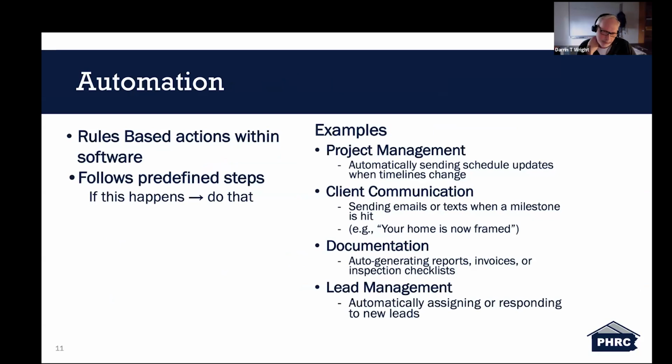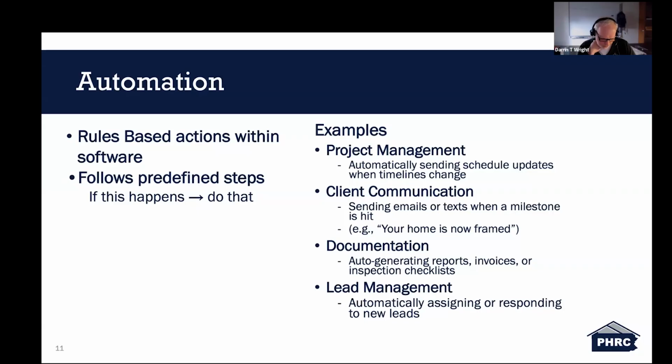Automation. Let's talk a little bit about how automation works. Automation already exists in construction workflows, such as sending schedule updates, generating reports, or notifying clients. These tools save time and improve consistency. However, they follow predefined rules and cannot adapt to changing conditions or interpret situations on their own.